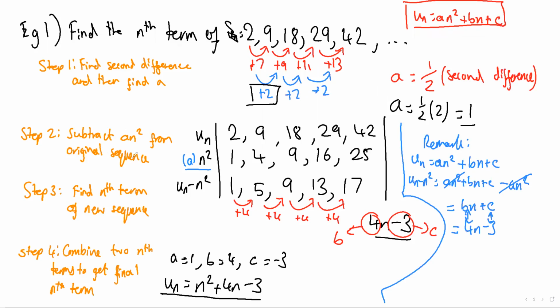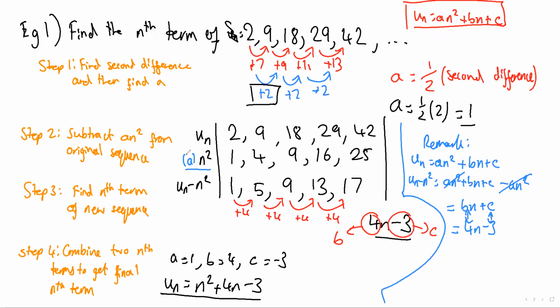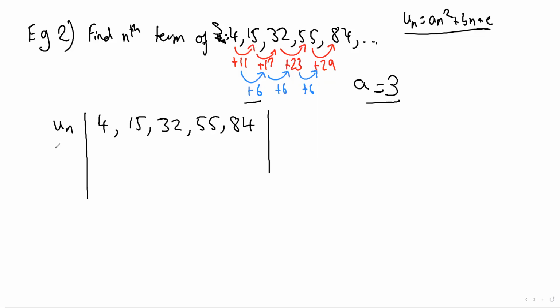Now our second step is to subtract an squared from the original sequence. Again, like we did last time, let's list the first 5 terms of our original sequence. Then let's get an squared, which remember isn't n squared this time, because a is greater than 1.